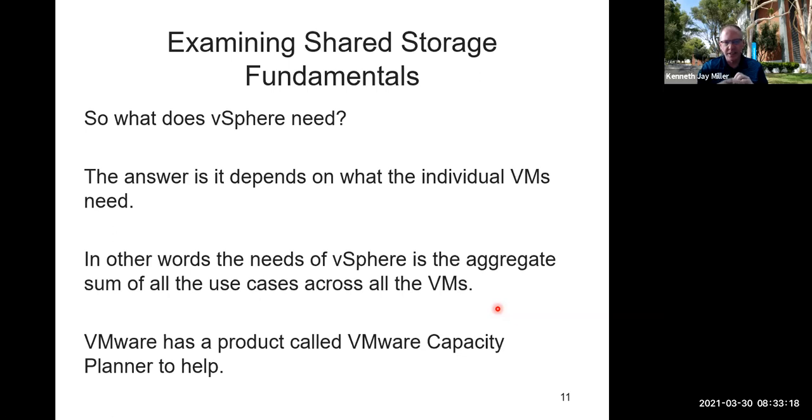This isn't a cookie cutter question where you cut out one cookie and then do it again, and all of them are the same mold. That's not going to work, right? That's not going to fly in this type of environment. So in other words, the needs of the vSphere is the aggregate sum of all the needs or the use cases across all the VMs.